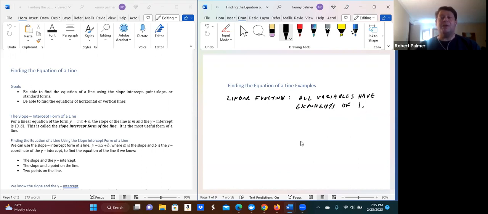What that means is no matter how many variables you have, each variable that's there has an exponent of 1, not 2 or 3, anything like that. Let's look at examples of linear functions.